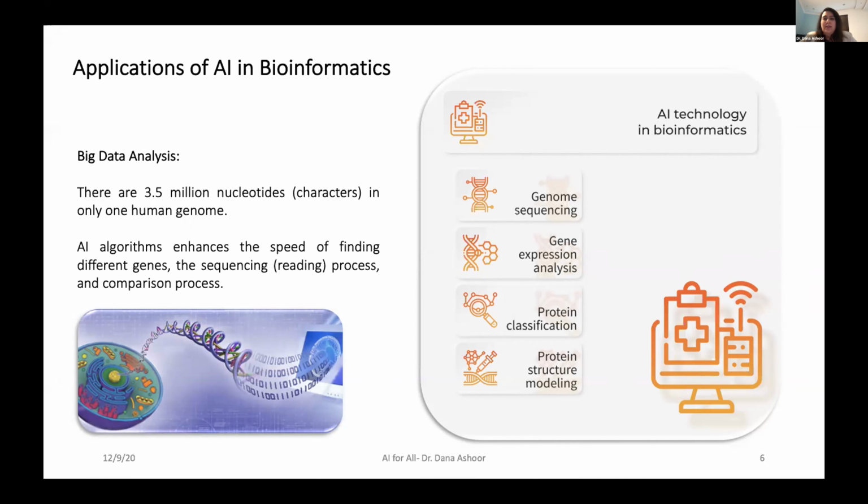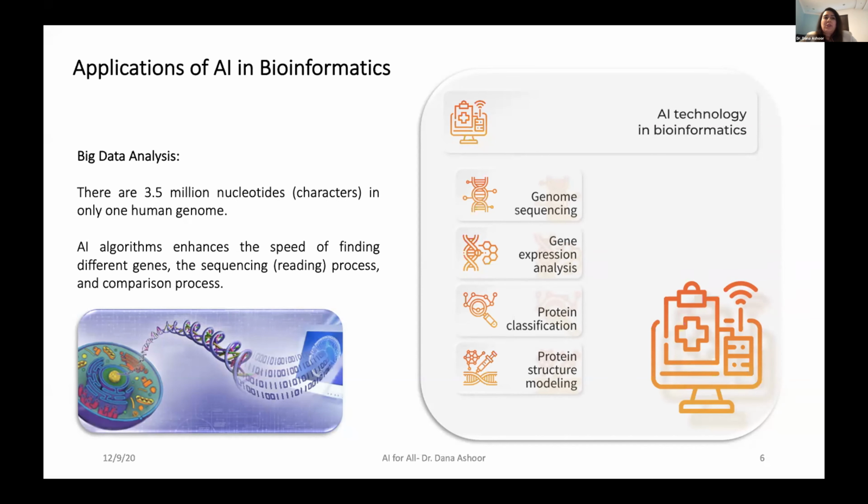I'm sure the computer science specialists know what code is, and each code needs to be deciphered. So we have 46 chromosomes in one cell, and it has all the codes related to the human body. Our job as bioinformaticians is to decipher these codes, organize them, get the information from them, and relate them to our biological systems, daily life, or diseases and whatever.